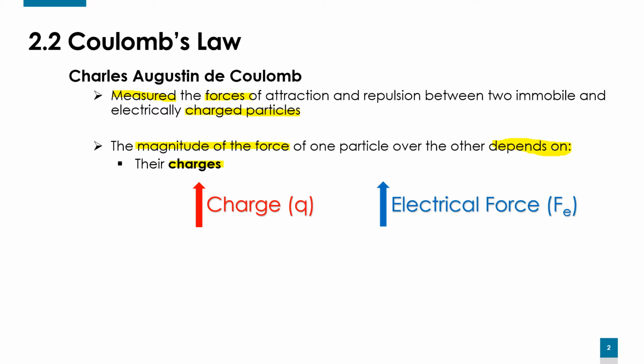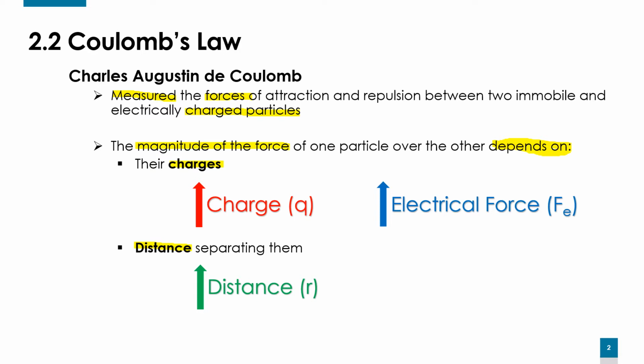Okay, so the force of attraction or repulsion depends on the charge. The higher the charge, the higher this force, and it also depends on the distance that separates them. So if I have two charges that are very, very far away from each other, do you think the force of attraction or repulsion between them is going to be higher or lower? What do you think? Think for a moment.